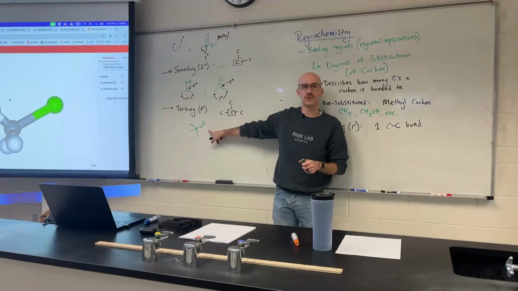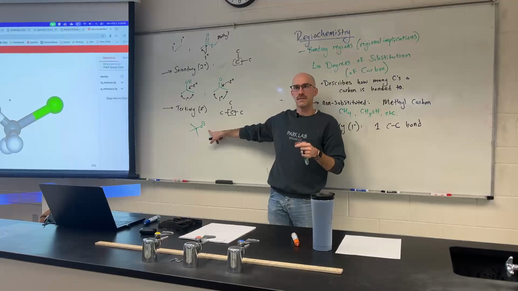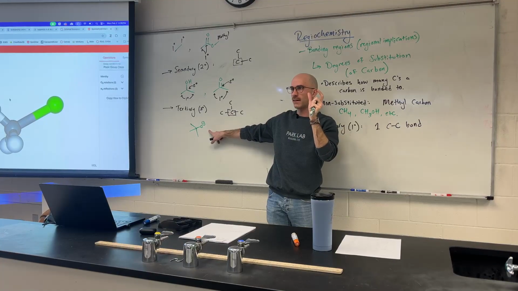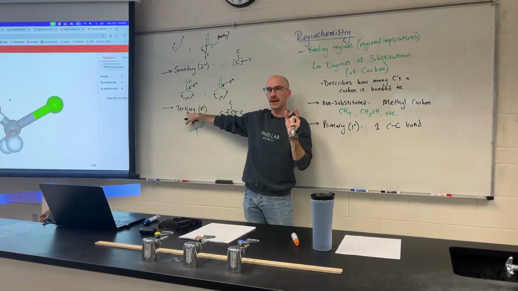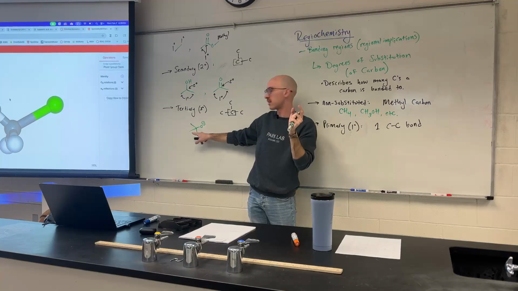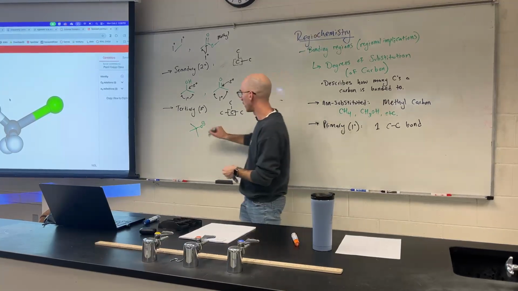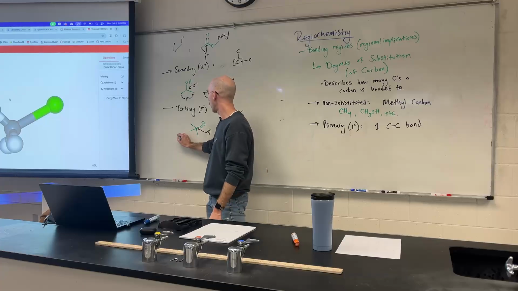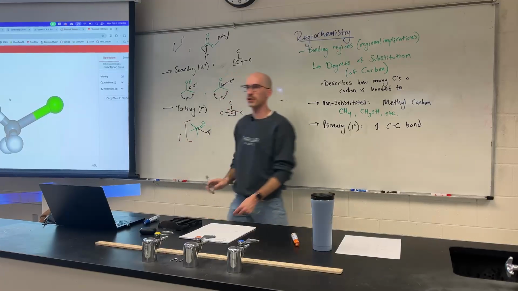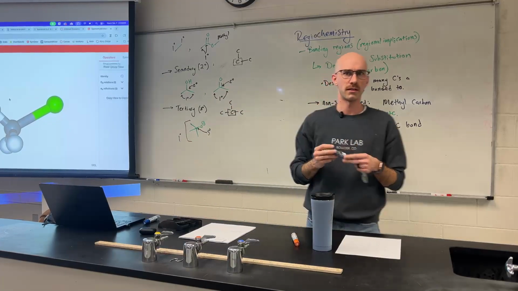We call it tert butoxide. And that tert at the beginning is actually referring to the fact that the central carbon is tertiary substituted. This carbon in the middle is tertiary. All other carbons in the structure are just primary.